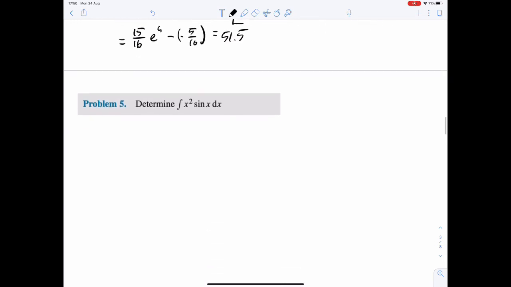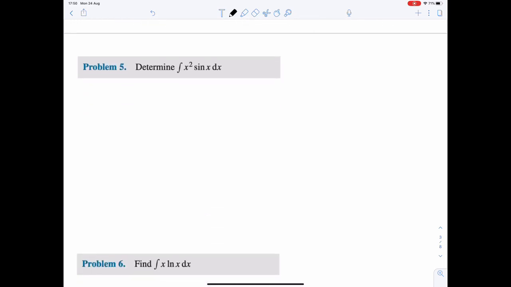So in the next example we're determining the integral of x squared sine x dx. So again, u equals x squared, du/dx equals 2x, and from here du equals 2x dx, and then dv equals sine x dx.